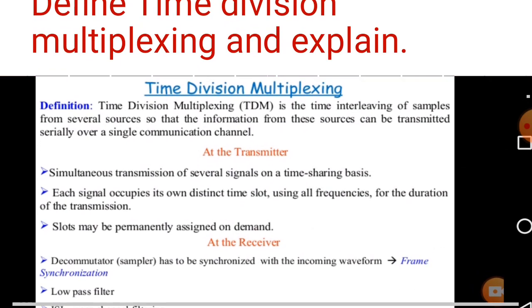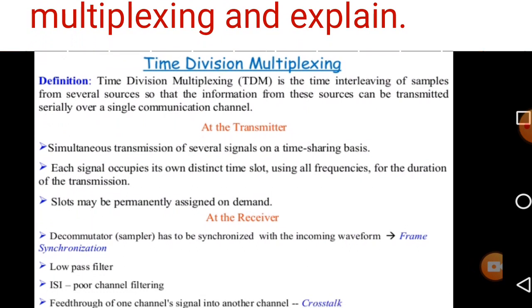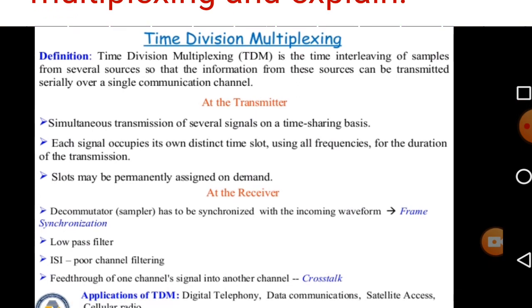At the transmitter side in time division multiplexing, simultaneous transmission of several signals on a time sharing basis. Each signal occupies its own distinct time slot using all frequencies for the duration of the transmission. Slots may be permanently assigned or on demand.